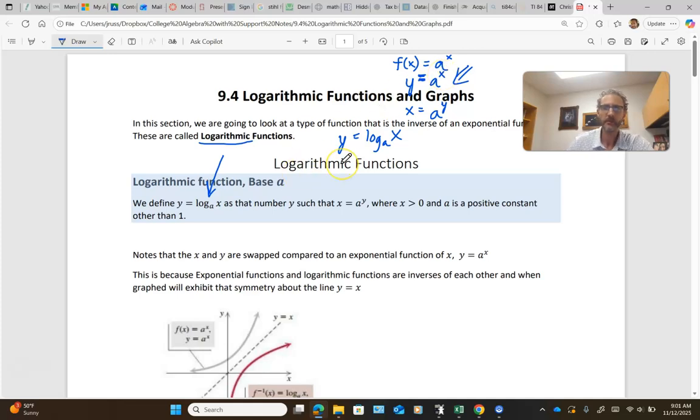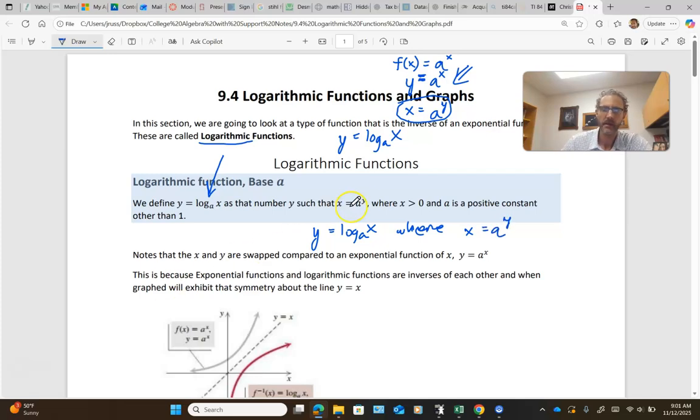So we define this new function. We say y is equal to log base a of x, where we use this inverse relation right here, because this is the relation that we use to actually evaluate some of these logarithmic functions, at least by hand anyway, where x is equal to a to the power of y.